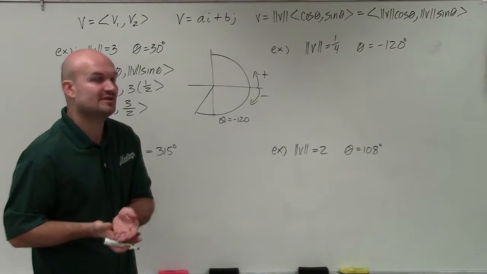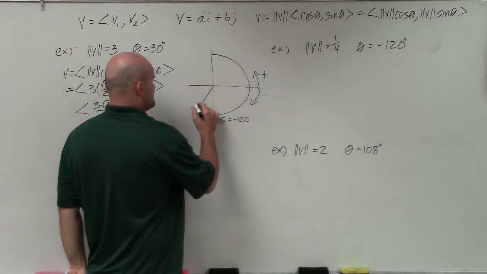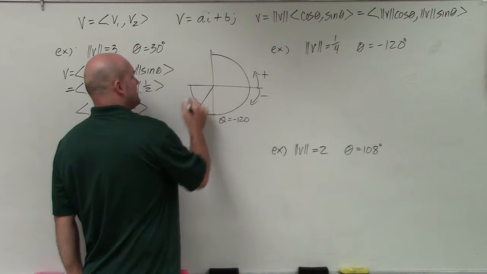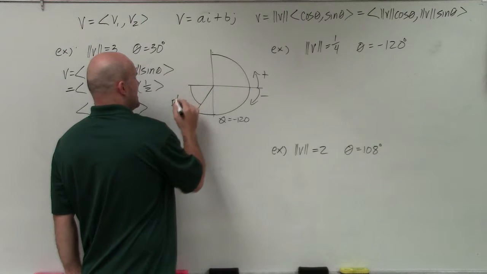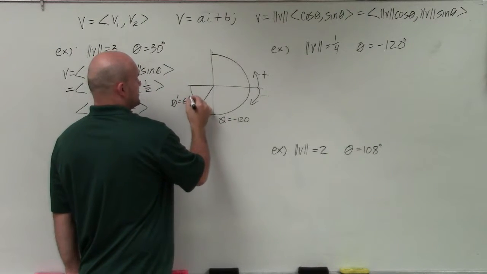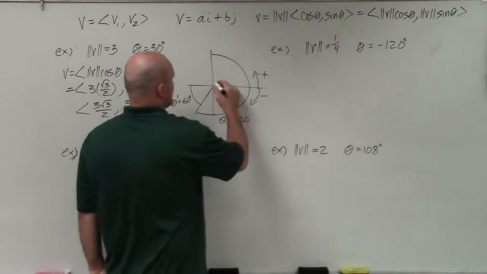The way that I like to do this, because I have the first quadrant memorized, is I find the reference angle. So the reference angle is the angle from the terminal side back to the x-axis. And that theta prime, if this is negative 120, that means this is going to be 60 degrees. Now, the reference angle is always positive.